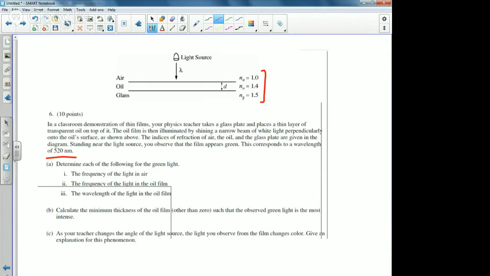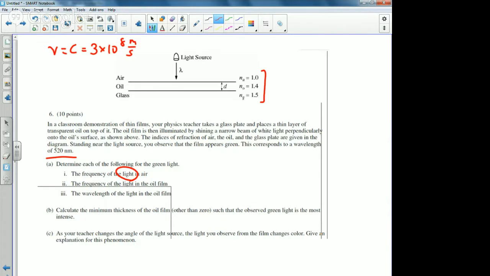First of all, because this is the keyword light, what should you automatically know? Thank you for raising your hand, Brian. Good job. The speed of light, v or c, equals 3 times 10 to the 8th meters per second. That's automatically given. The wavelength is 520 nanometers.